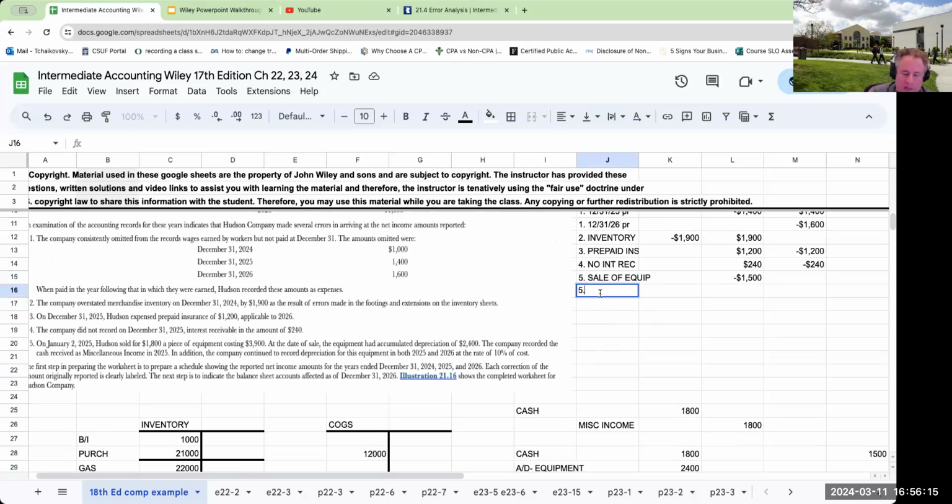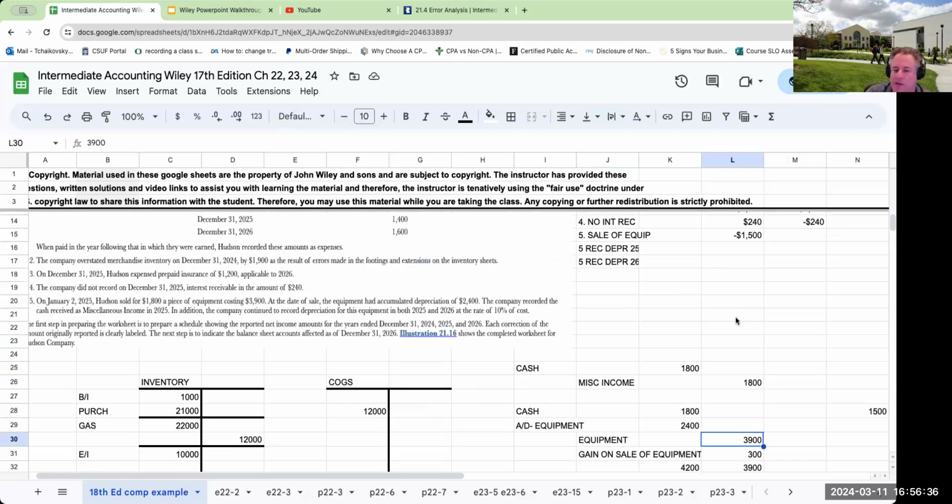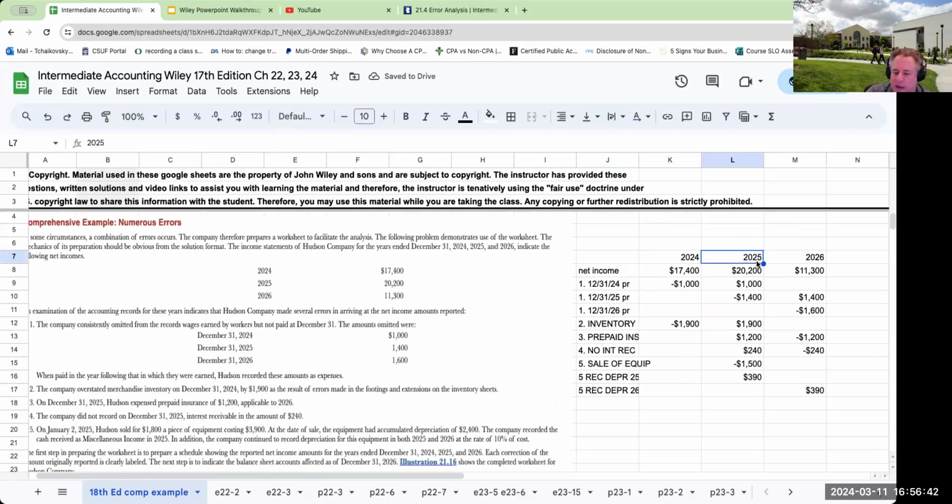So this over here, recording depreciation, okay. So at 10% of cost, cost was 3,900. 10% of that amount is going to be 390. So I need to add back 390 for 2025 and 2026.